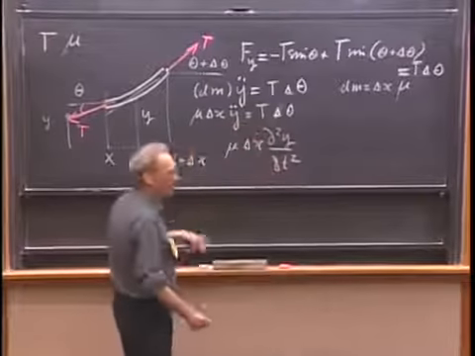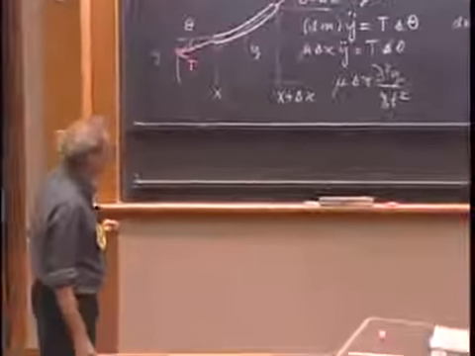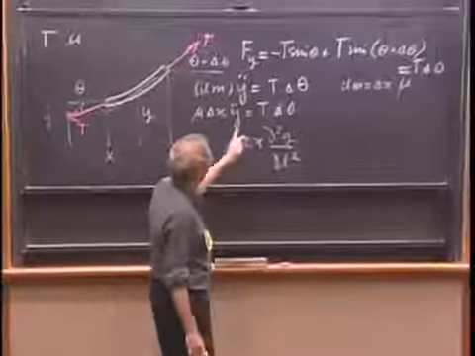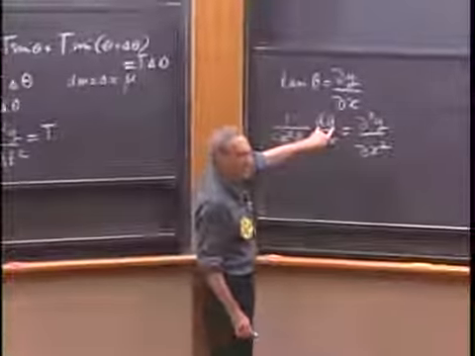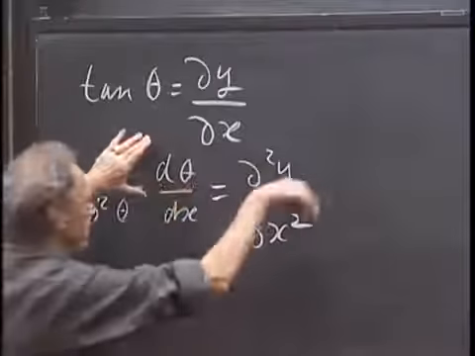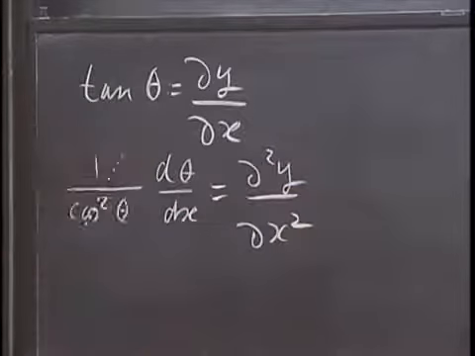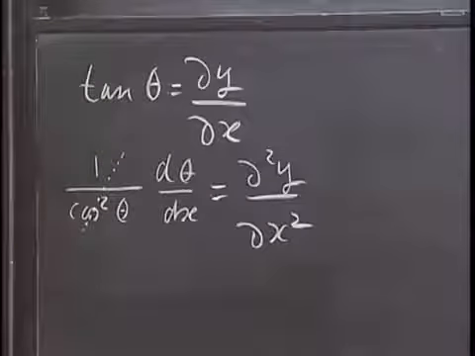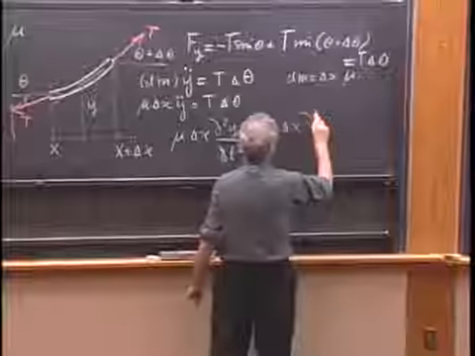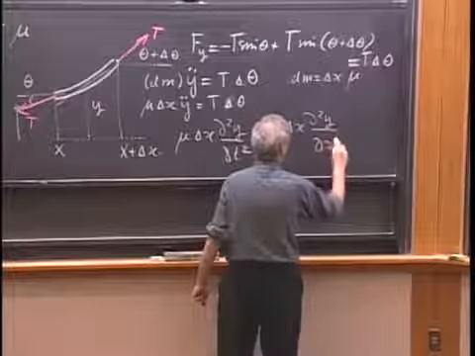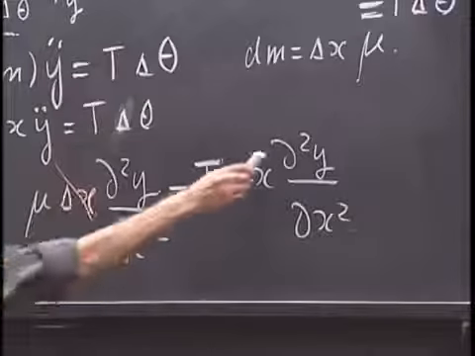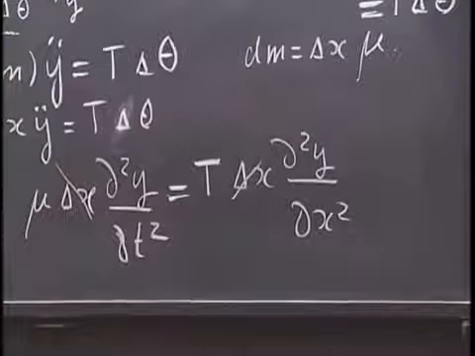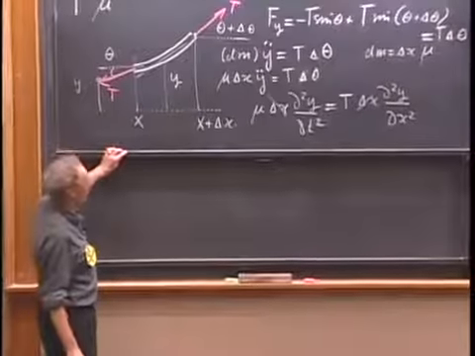I use partial derivatives because I'm not changing x. That's the justification for the partials. And now I get T, and this delta theta I'm going to write as this times delta x. So now you get delta x times d2y/dx squared. And now I'm doing something that mathematicians would never do. I'm going to divide out delta x. Don't tell your 18.02 people that I did that.